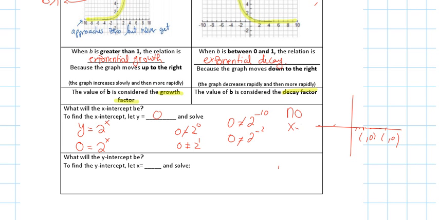Unless we have the transformation, there's no x-intercept. Because even if I plug in 2 to the power of negative 100, it is still 0.0000000, so many zeros, 7, right? It's never going to be 0. Does that make sense to you guys?